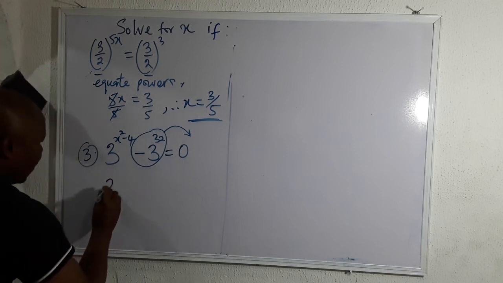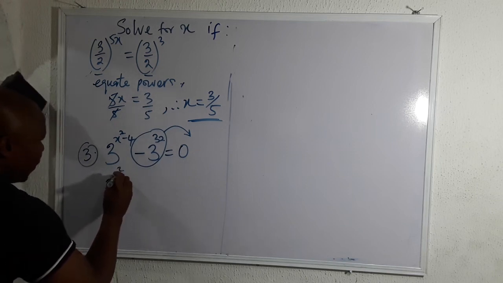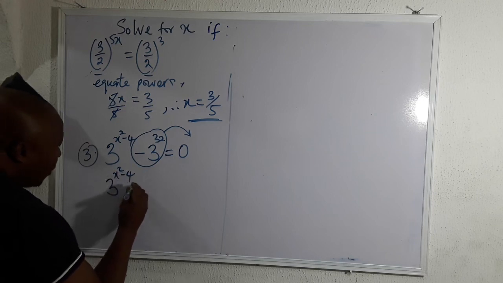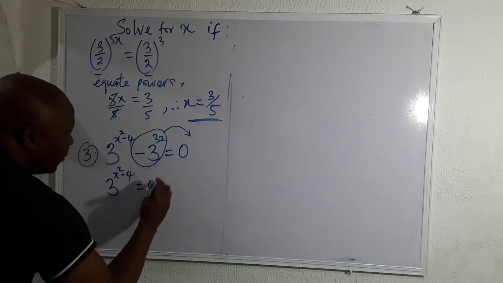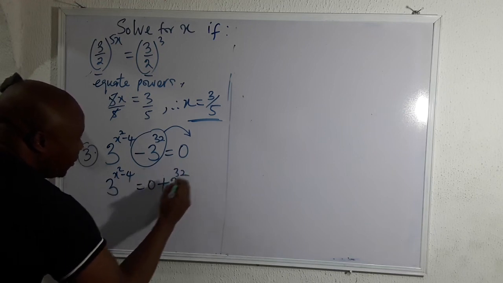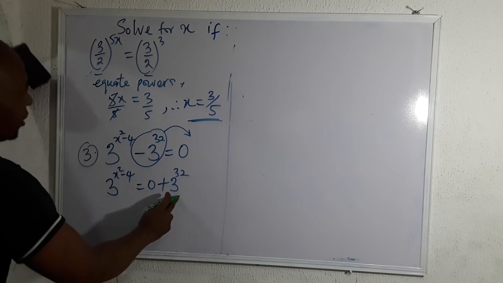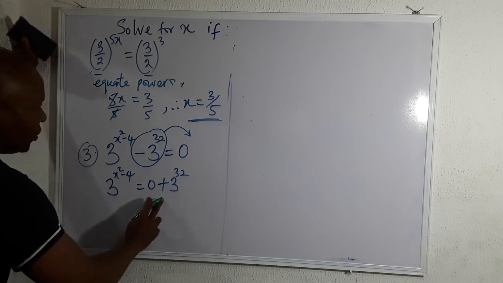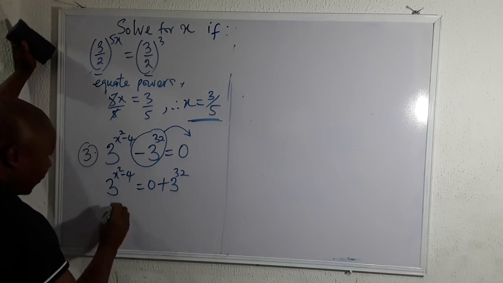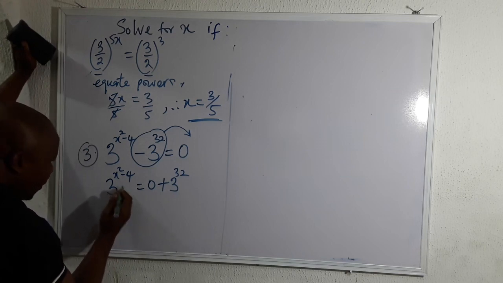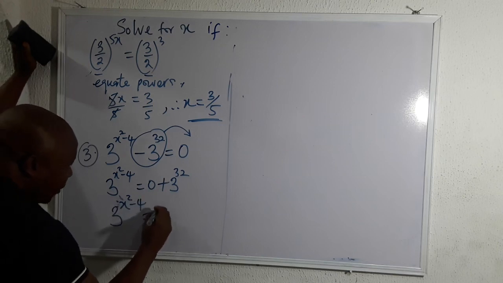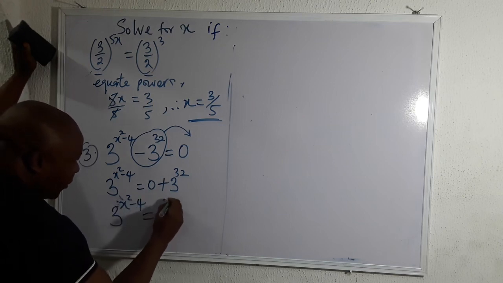So that will be 3 raised to power x squared minus 4 is equal to, what is there before is 0 plus 3 raised to power 32. Now 0 plus 3 raised to power 32 makes no difference, it does not change the value. So that will be 3 raised to power x squared minus 4 is equal to 3 raised to power 32.